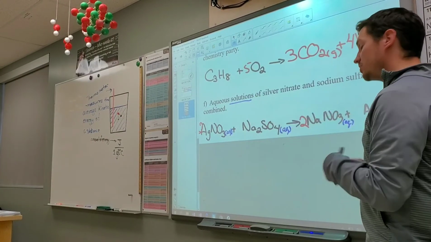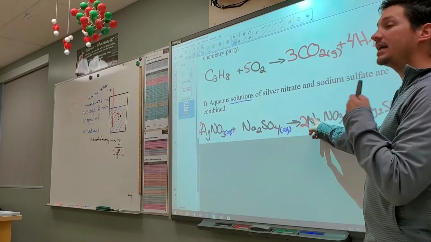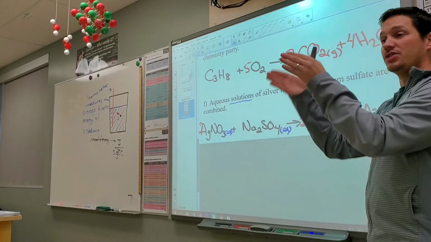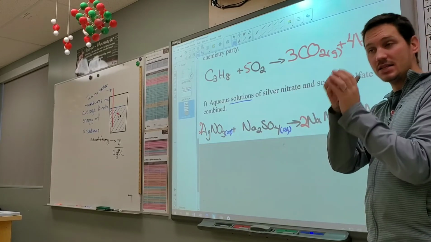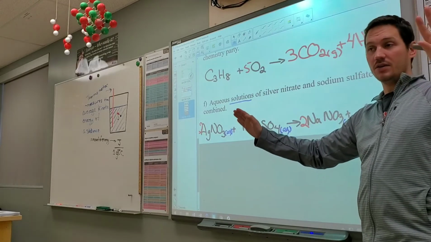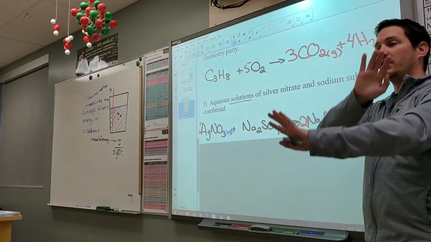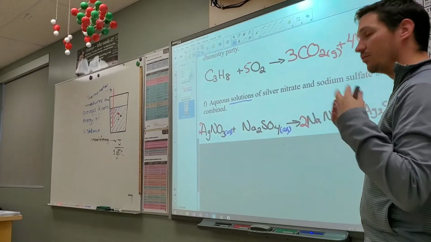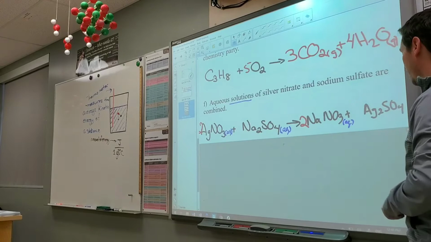Yes. So I want to be very clear. We're writing it down as sodium nitrate, but it doesn't really exist as sodium nitrate together. It exists as sodium ions and nitrate ions, and they're independent of each other. They're floating around in solution, crashing around with other things, but they're acting independently of each other.